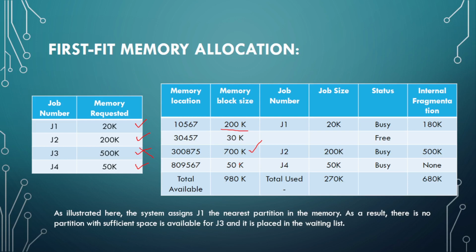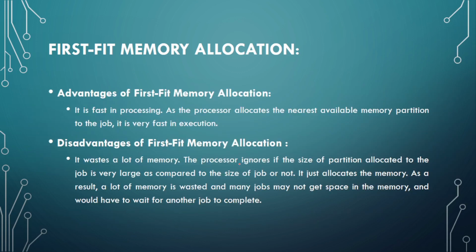Next we will see the advantages of first fit memory allocation. It is fast in processing, as the processor allocates the nearest available memory partition to the job. It is very fast in execution. And the disadvantages of first fit allocation include that it wastes a lot of memory.